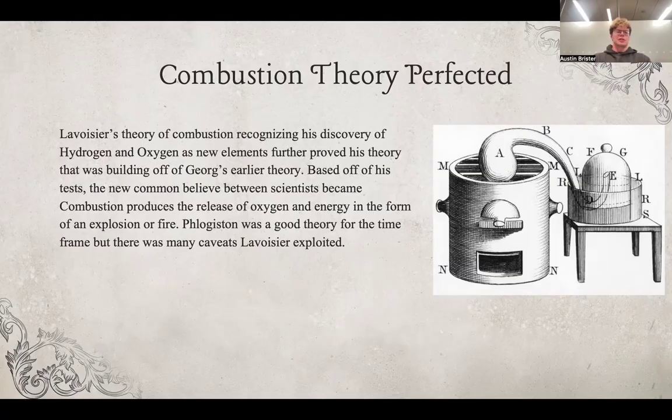Based off these tests and the data that he came up with, the new common belief between the scientists of that era was that combustion produces oxygen and energy in the form of an explosion or fire. Although phlogiston was good, Lavoisier just refined it a bit.